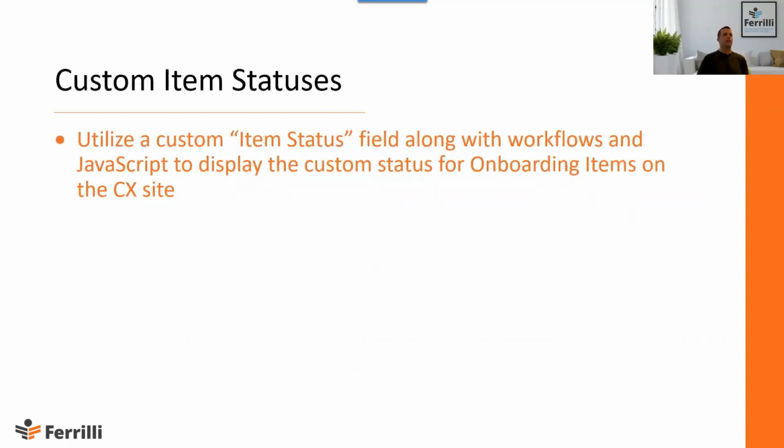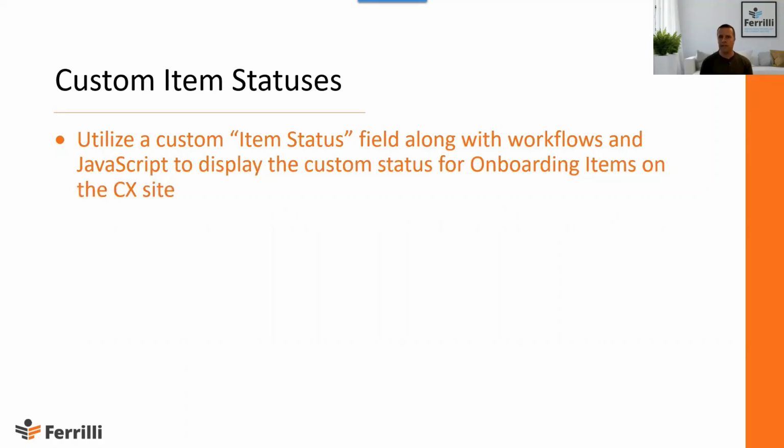So again, talking a little bit more about these custom item statuses, very similar to the way that we hid the application items, we use a similar process where, when that custom status is updated or changed on the record, we insert a little bit of code into that web external description, and we use some JavaScript, which essentially says, okay, I see this custom status that you want to display, and we overwrite what the CX would display.